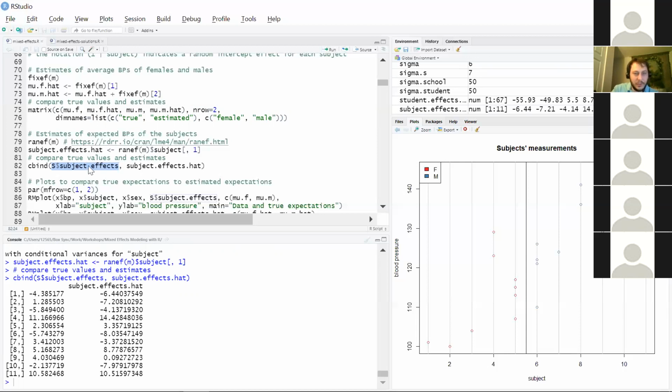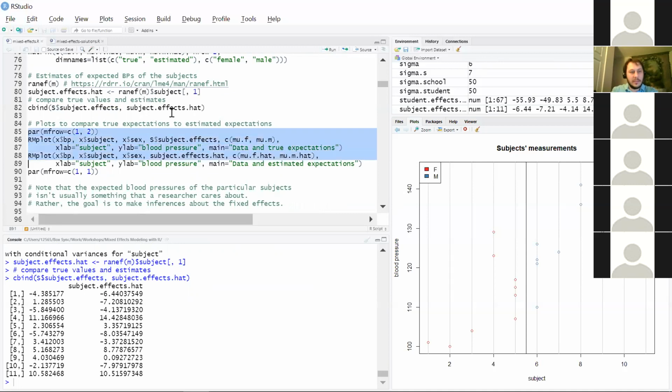It told us the individual's true effects, their true deviations from their group expectations. So here are the individual's true deviations. Here are our fitted model's estimates of their deviations. You can see there's a pretty good correspondence in most cases, but in some cases, an individual only had one measurement, and so it's hard to estimate well what that individual's true expectation is. But you still want to use that data because it's informative for estimating the group's expectations.